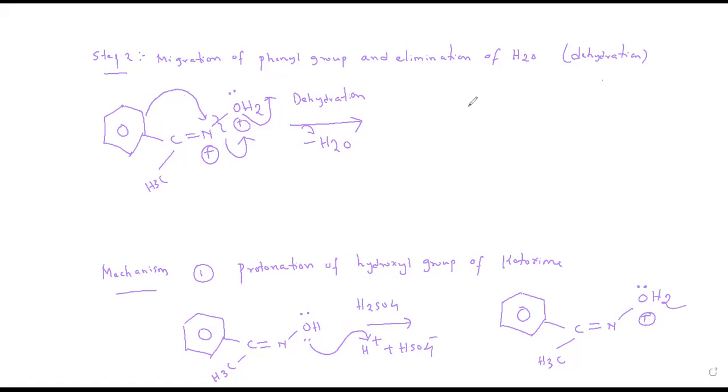Now I'll write the structure here. You will get the same CH3, single bond, carbon. Here the carbon will get a positive charge, because previously this carbon was attached to the phenyl ring. Now this phenyl ring has migrated towards nitrogen. Therefore, this carbon will have a positive charge, followed by a double bond to N, and here you can attach your phenyl ring.